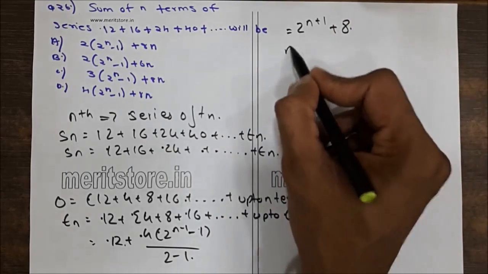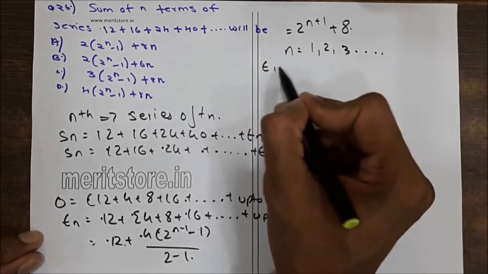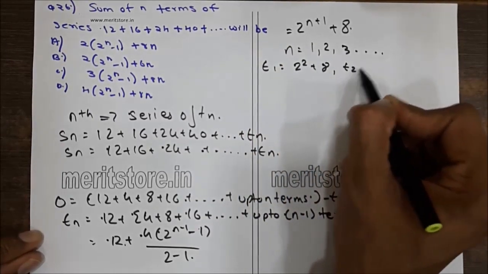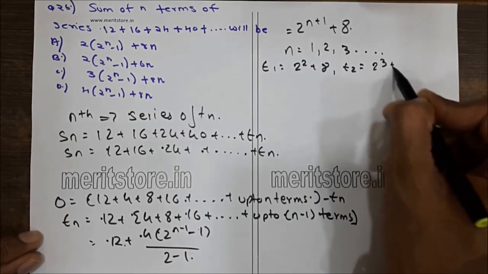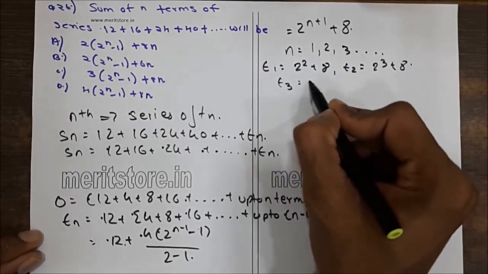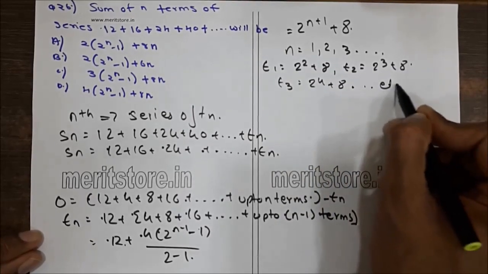On putting n is equal to 1, 2, 3, we get T1 is equal to 2 square plus 8, T2 is 2 cube plus 8, T3 is 2 raised to 4 plus 8, and so on.